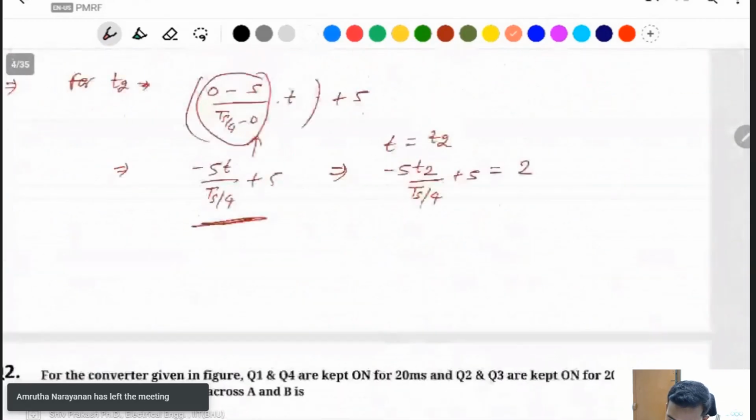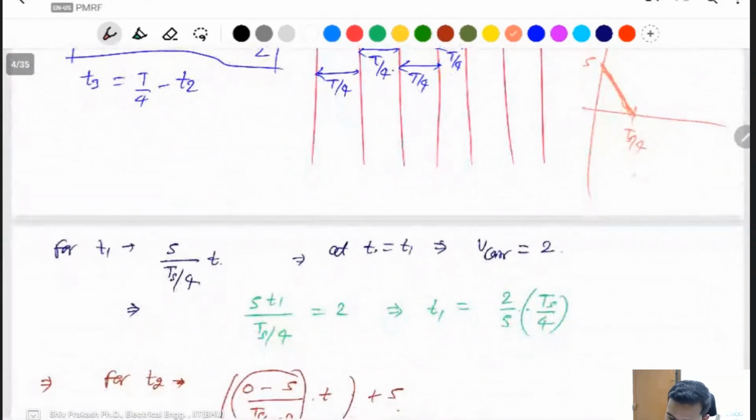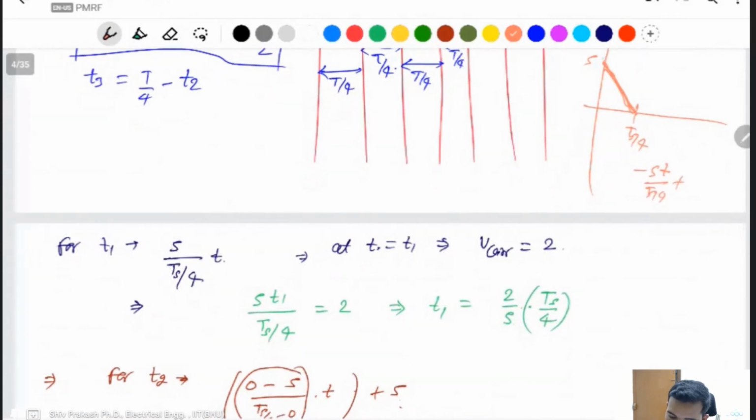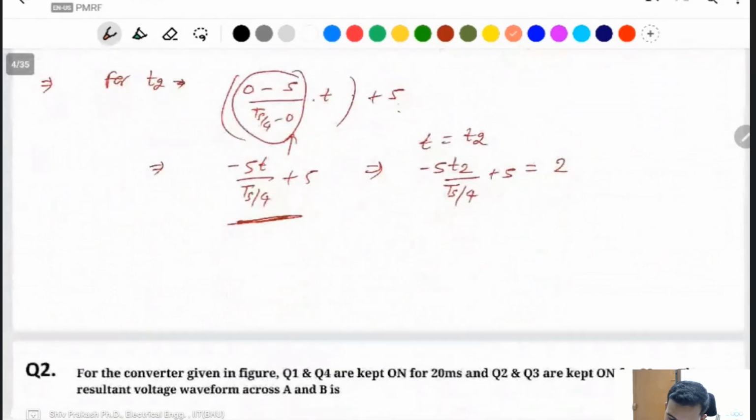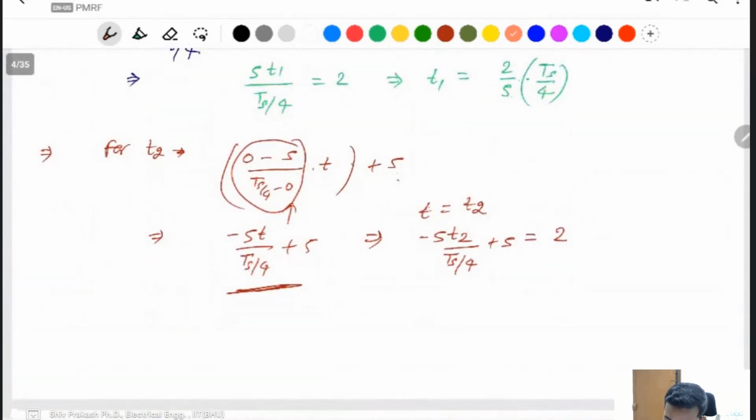Okay, sir, we can proceed here. That's why we find 5t divided by Ts by 4, plus the value at the origin, 5. That is the value on the y-axis, this one is 5. At time t2, this value is 2. Then what is the value of t2?